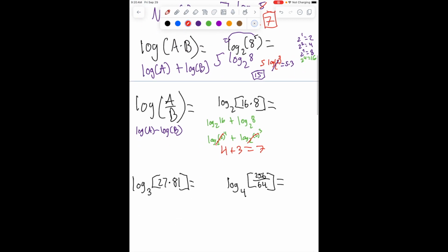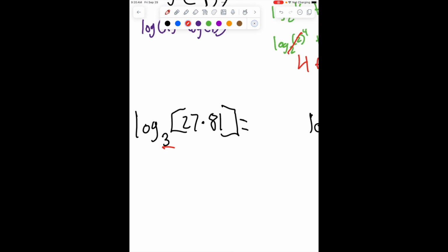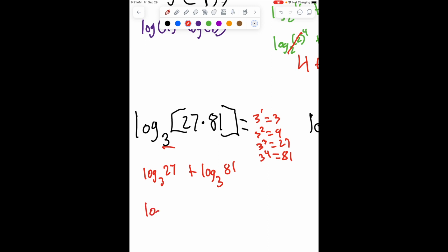All right, let's keep trying. This one's going to be very similar. Notice it's got a log base of 3 this time. So again, when I split them apart, I'm going to add them, and now I'm going to say, all right, well, I've got to think about my 3's. So I actually am able to rewrite these.